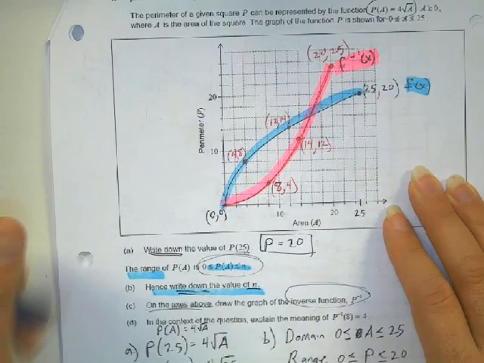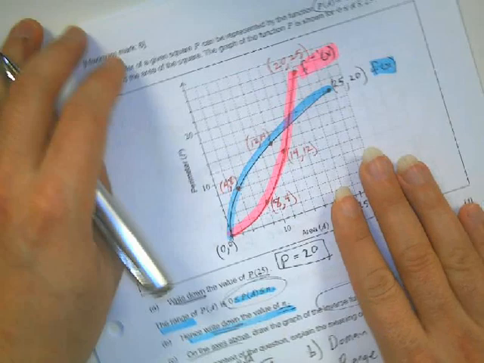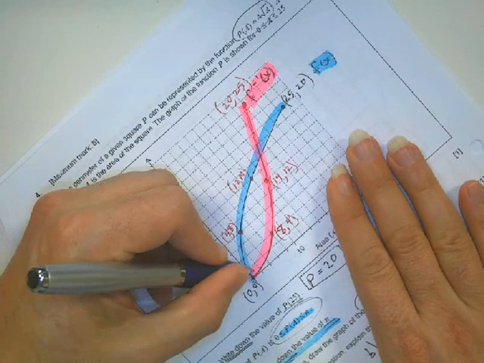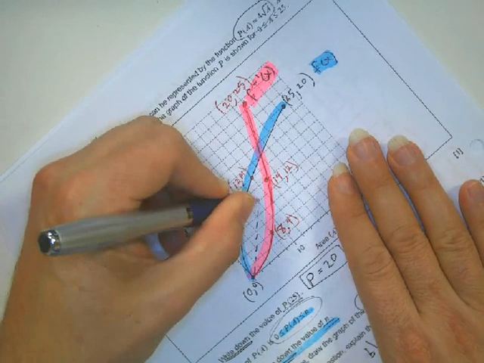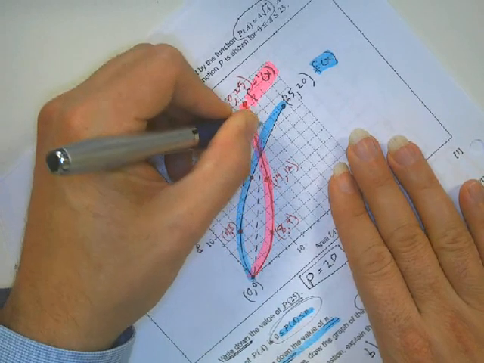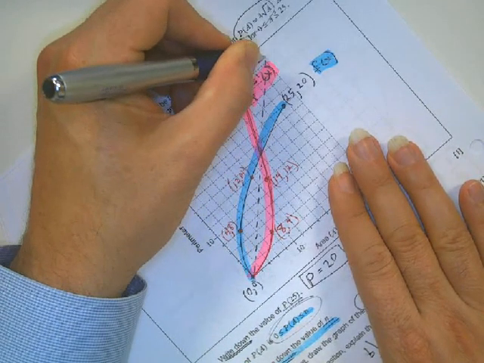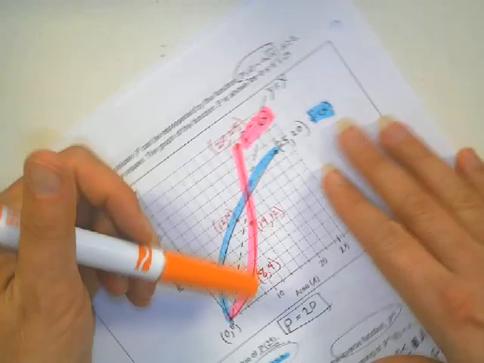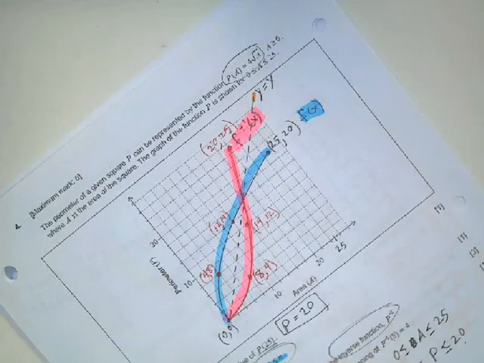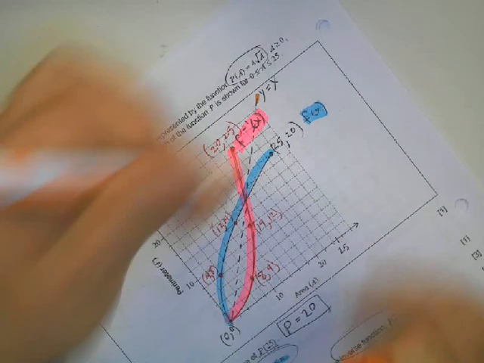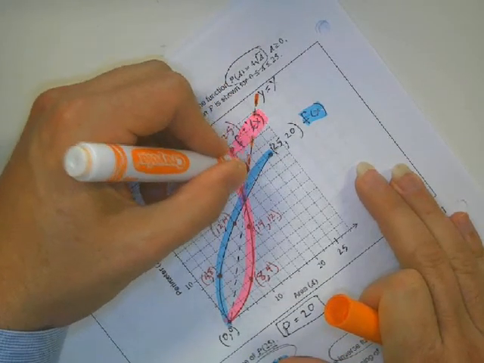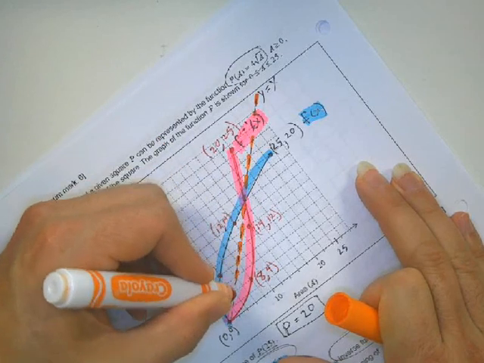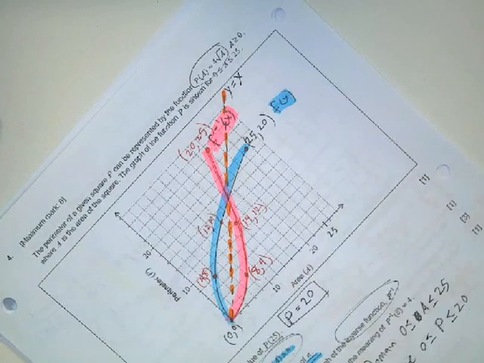Something that should be apparent whenever I do this is that it should be a reflection on the line y equals x. Notice that the reflection is symmetrical. That looks like a fish. Swim, swim, swim.